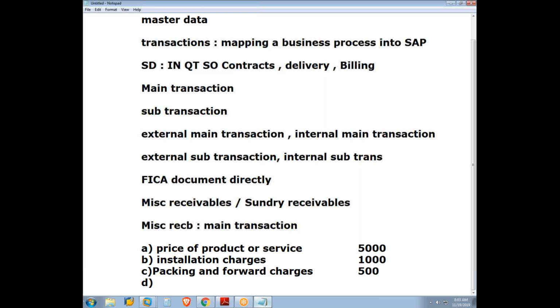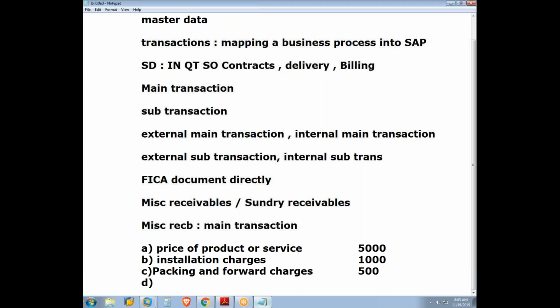So whenever assets increase, the account should be debited. Whenever liabilities increase, the liability account should be credited. That's the reason the customer accounts are debited because they are assets. Vendor accounts are credited because they are liabilities. That is the accounting rule from the balance sheet.